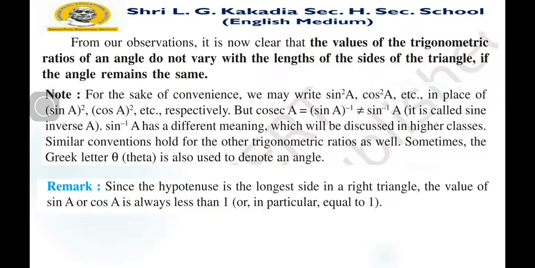Remark: since the hypotenuse is the longest side in a right triangle, the value of sine A or cos A is always less than 1, or in particular equal to 1, but it will not be more than 1.